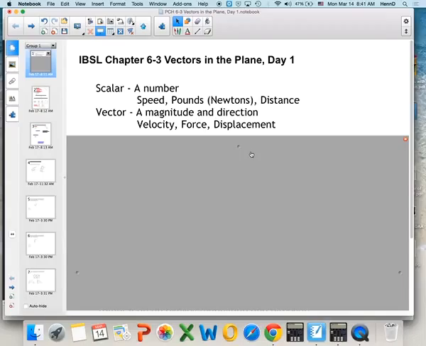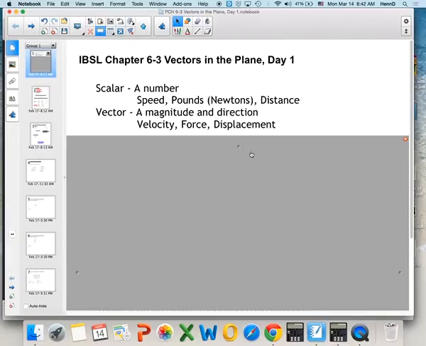Believe it or not, you've dealt with displacements a lot, okay? Anytime we were dealing with those problems that had to do with the bearings, okay? This one was so far away, and at this bearing, a bearing of 72 degrees or whatever it was, we had a displacement vector that you were being given.